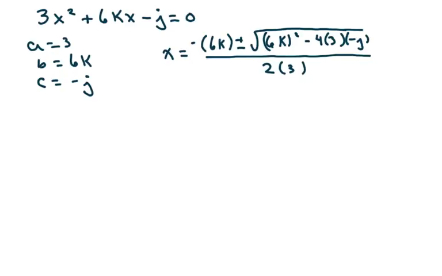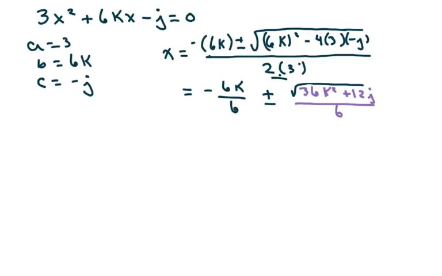Simplifying, and I'm going to break this up, negative 6k over 6, and put the plus and minus under each piece. Then we get 36k squared plus 12j over 6.